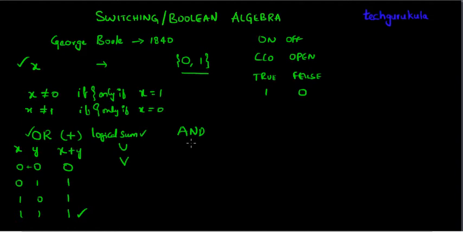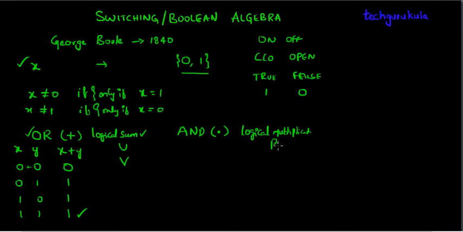Now let's move on to a different operation, known as the AND operation. It is represented with a dot symbol, and we can call it logical AND or logical multiplication, or simply a product.